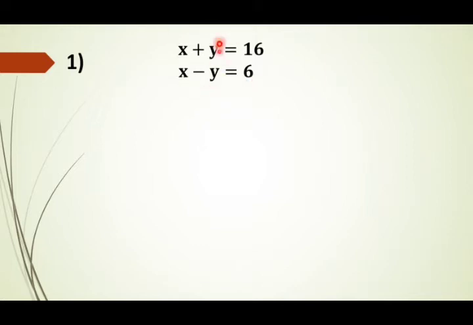So, observe nyo muna kung anong variable ang mas madaling i-eliminate. Palagay nyo, anong variable ang mas madaling i-eliminate? X or y? Tama! Variable y ang mas madaling i-eliminate muna. Sapagkat, kung mapapansin nyo, yung mga numerical coefficients ng variable x ay parehas positive 1.